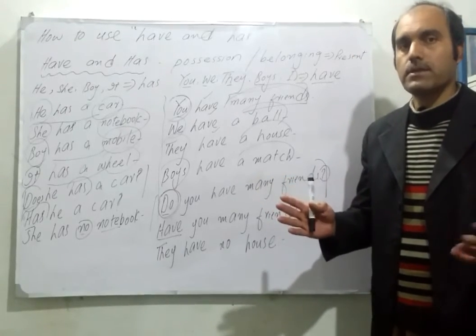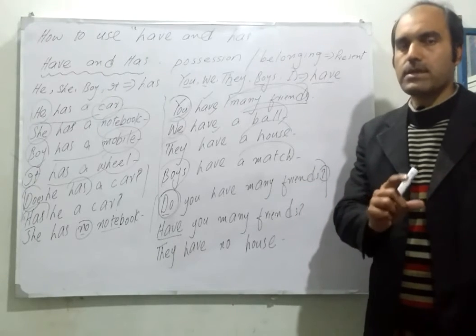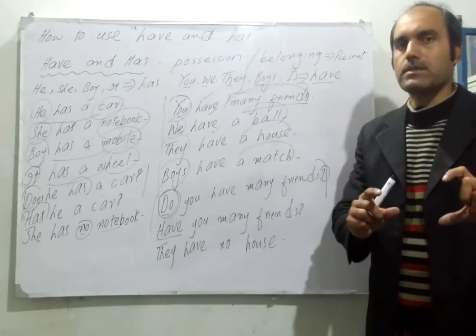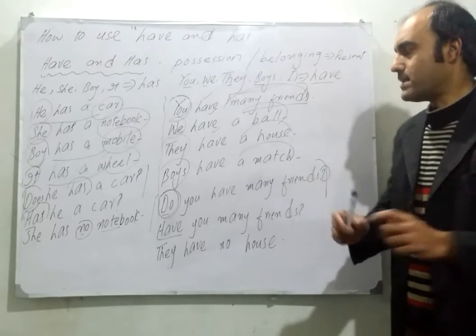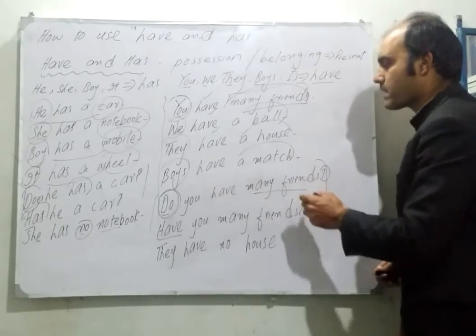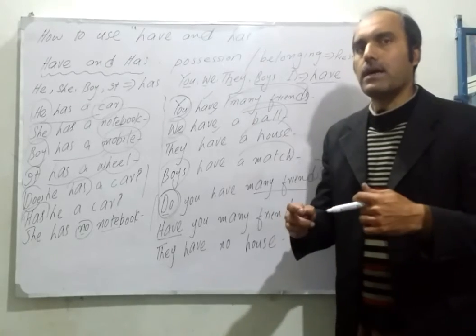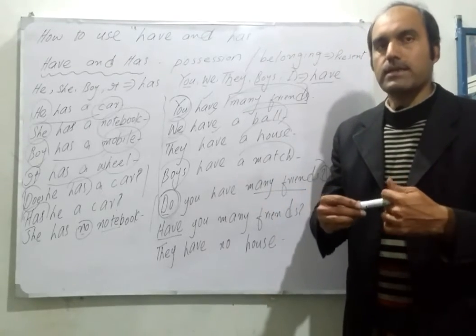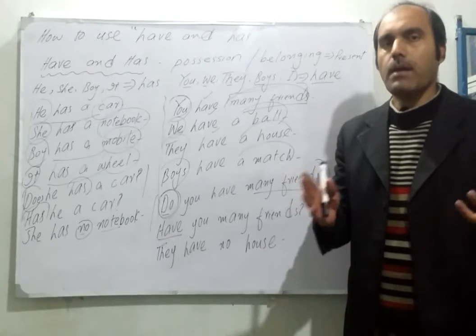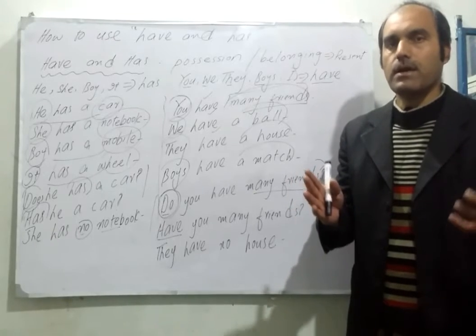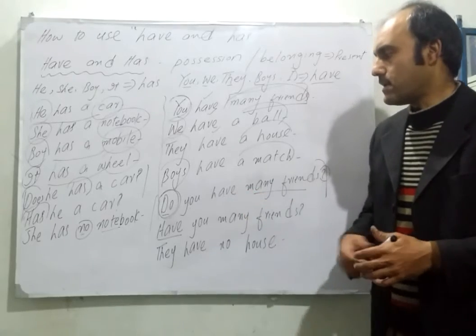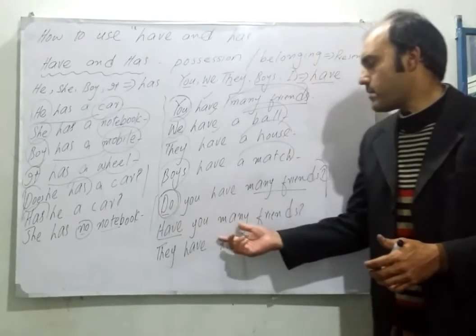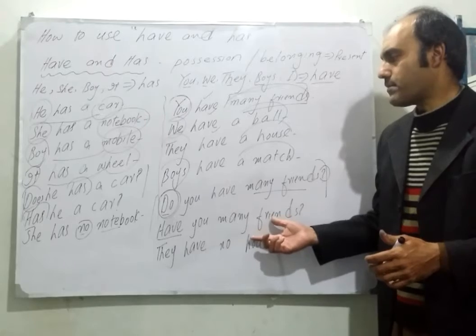We have a question here, that have you many friends? Do you have many friends? This is an interrogative sentence. Now come to this one. Have you many friends? So this is another example.